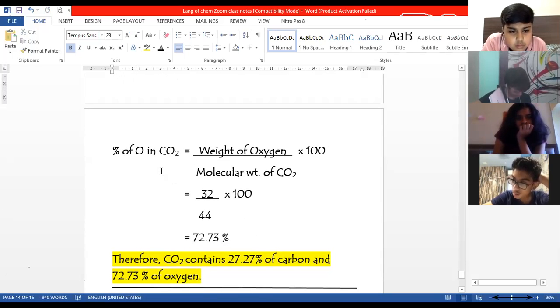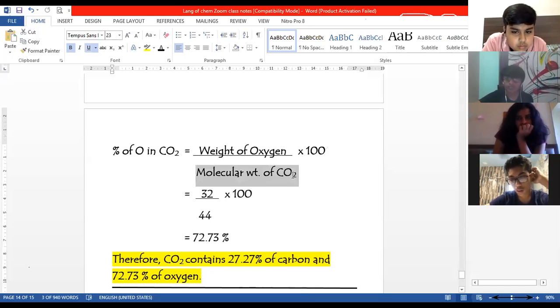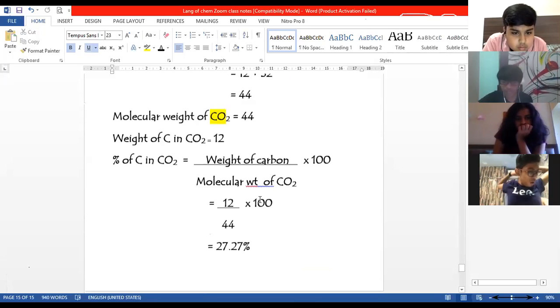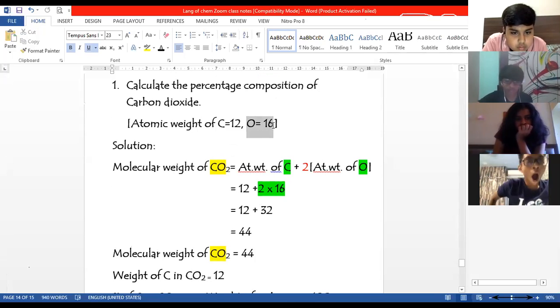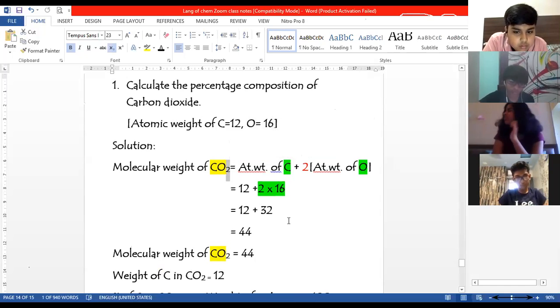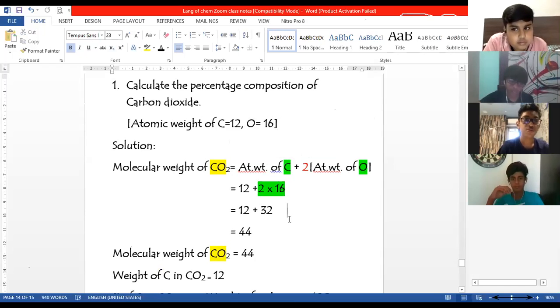And then we have the percentage of oxygen in carbon dioxide. Again, weight of oxygen upon molecular weight of carbon dioxide into 100. The molecular weight of carbon dioxide remains the same, that is 44. Weight of oxygen is taken as 32. The question says atomic weight of oxygen is 16, but in the formula we have got 2 atoms of oxygen, so that makes it 2 into 16, that is 32.